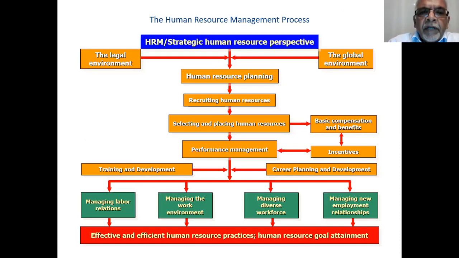These activities are namely human resource planning, recruiting human resources, selecting and placing human resources, performance management, the management of incentives, training and development, career planning and development, managing labor relations, managing work environment, managing diverse workforce, and managing new employment relationships. Now, this is a list of activities, and we shall be examining many of these activities in the course of our future discussions.